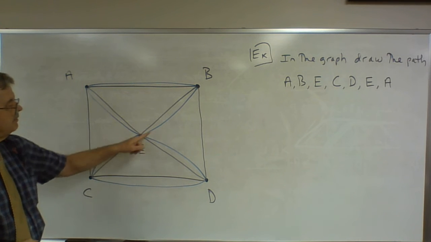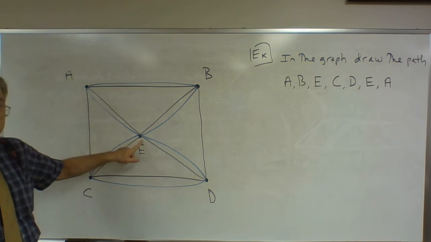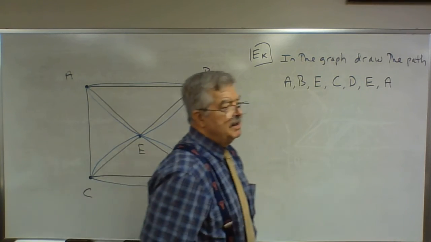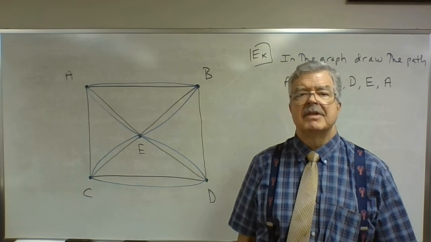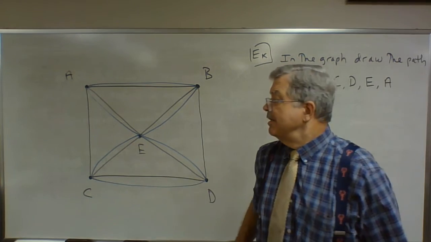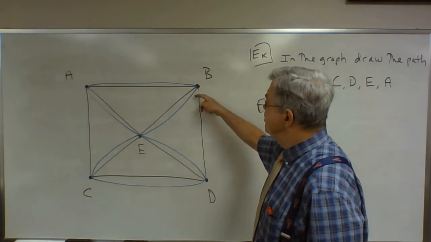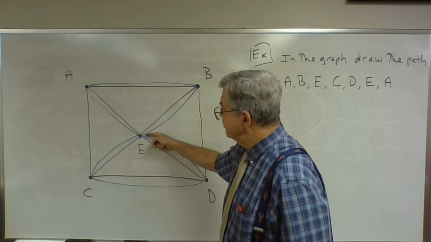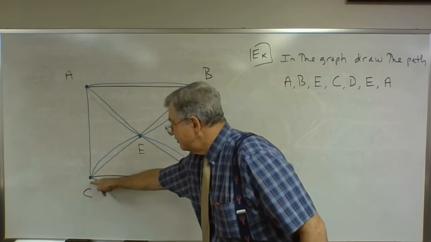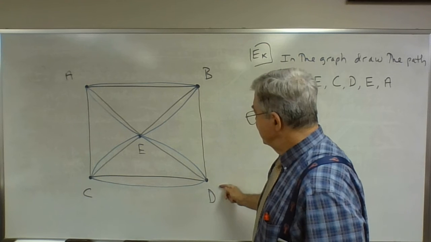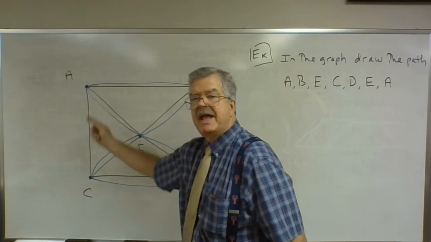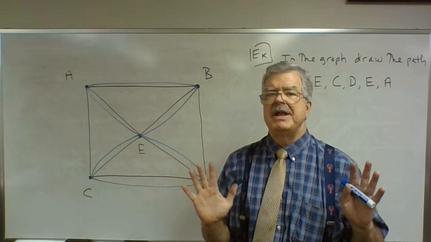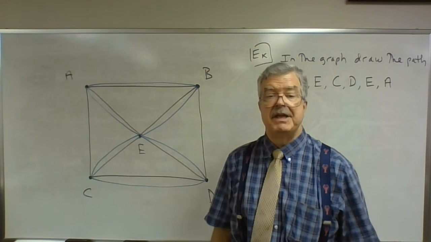This path crisscrossed right here at E. Can we do that? Can a path crisscross itself at a vertex? Yeah, it can. The fact that we have the path going into vertex E and coming out and going to C, and then later on we have the path coming into vertex E and going to A, does not in any way disqualify this from being a path.